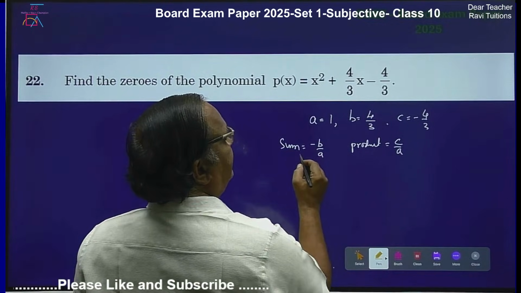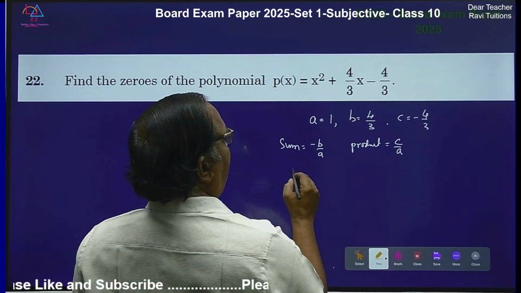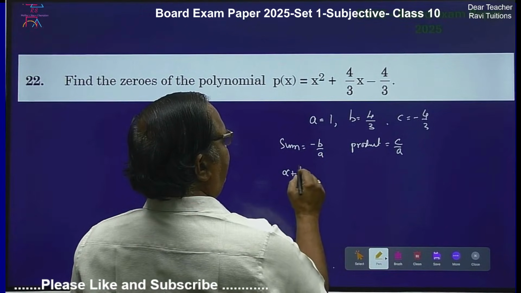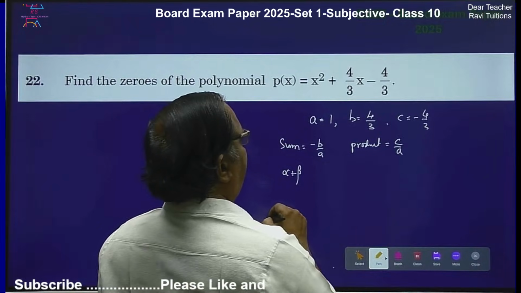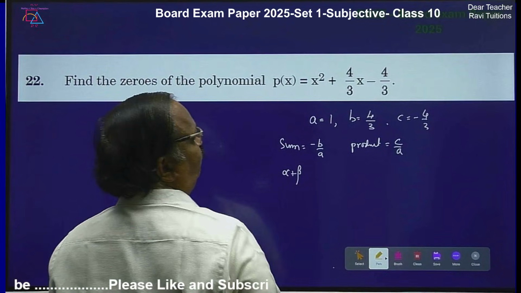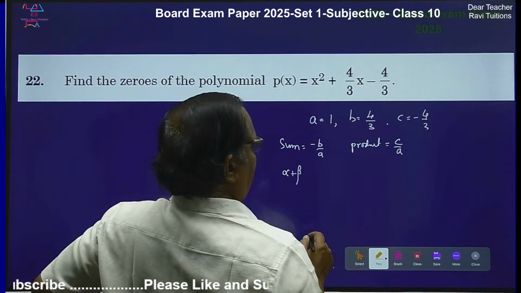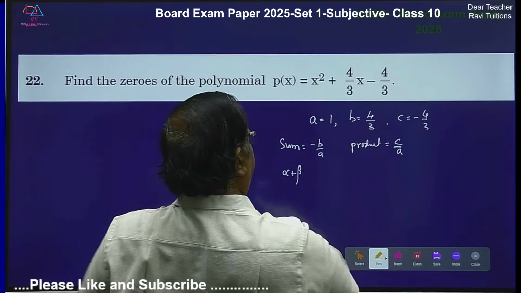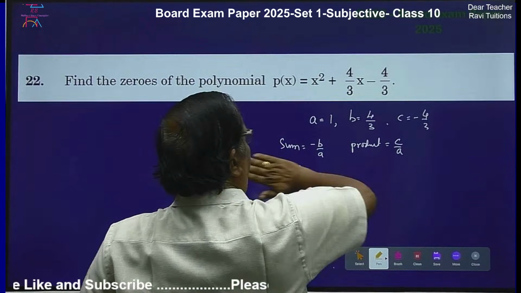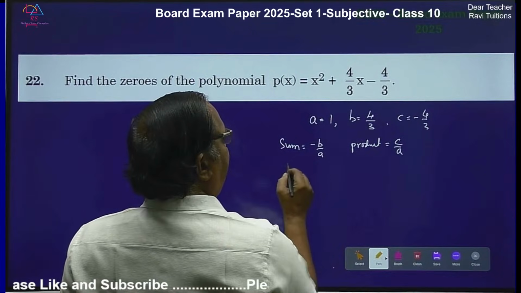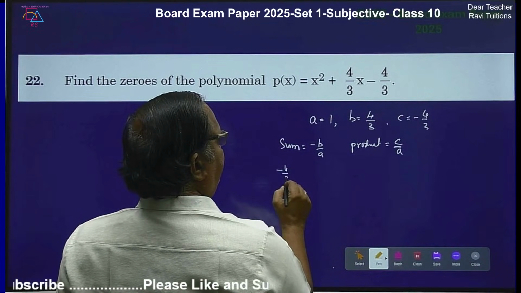Sum means alpha plus beta, so minus b by a is minus 4 by 3 by 1.